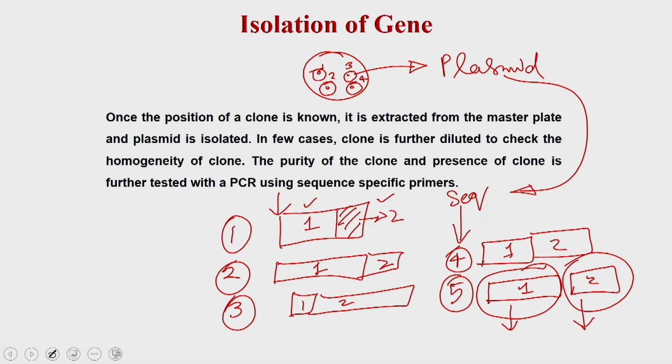If that is not the case and you have overlapping genes and multiple genes within the same clone, it is difficult to say whether your gene of interest is gene number 1 or gene number 2.